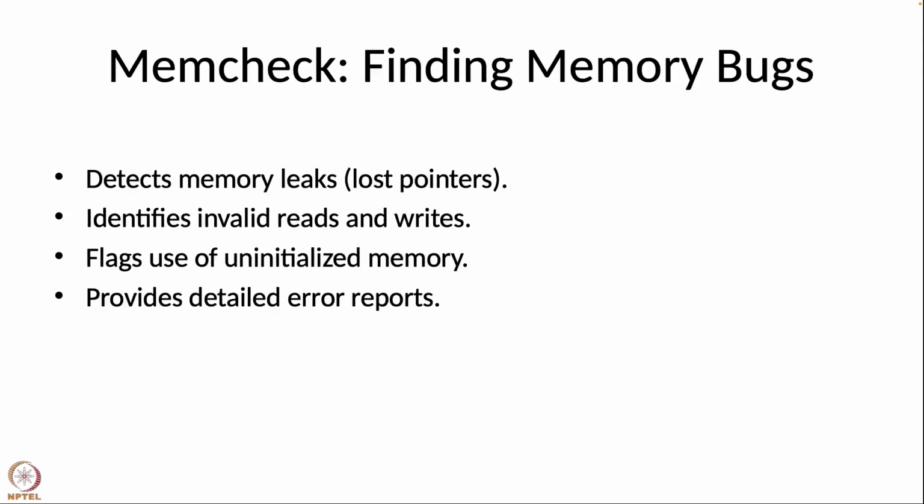The first one is memcheck. The idea with memcheck is to find memory bugs. Whenever we program, we tend to introduce a lot of bugs in our code. Essentially, what we are looking at is what is known as memory leaks or lost pointers. Many times a programmer might allocate memory and then never use it, or probably never free the memory.